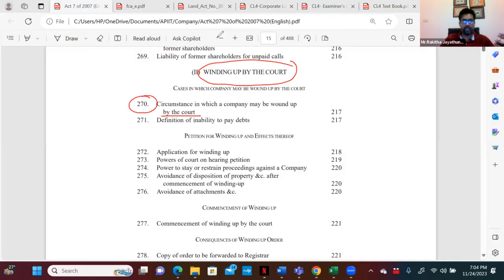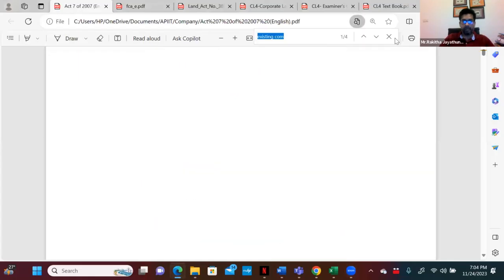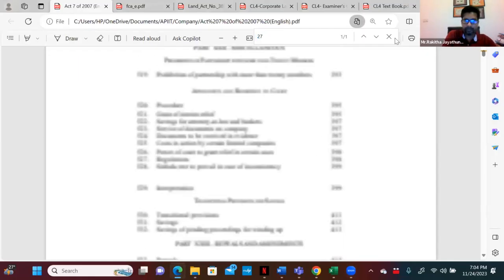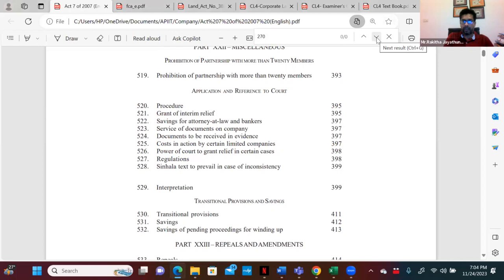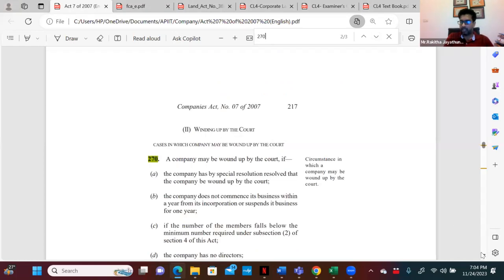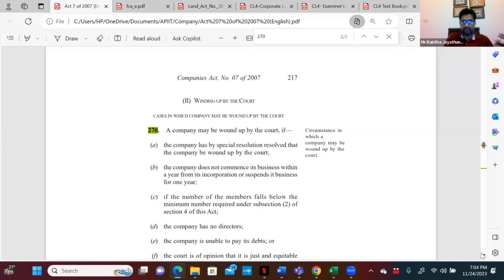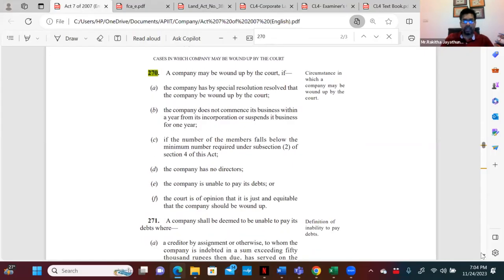So now let's look at what you get there. Okay, so this is the relevant section. A company may be wound up by the court if... so what you have to do is write them down. 1, 2, 3, 4, 5.